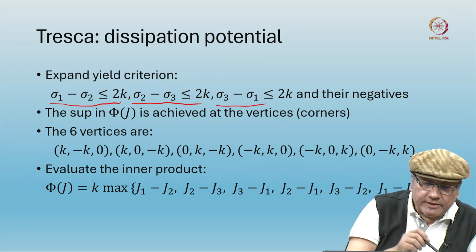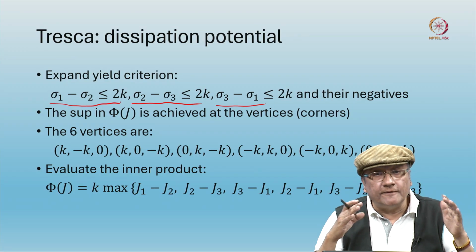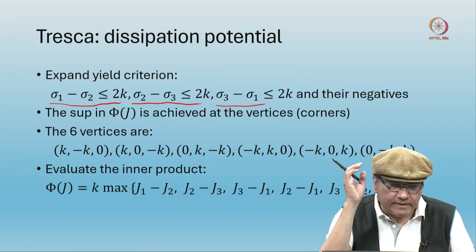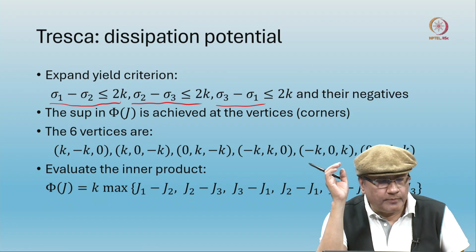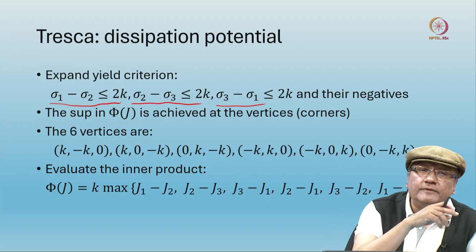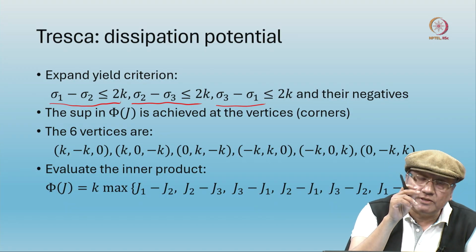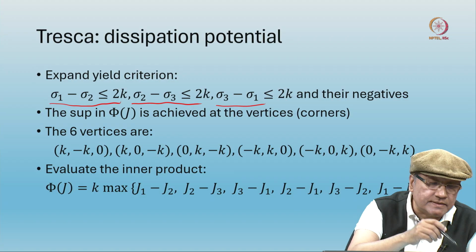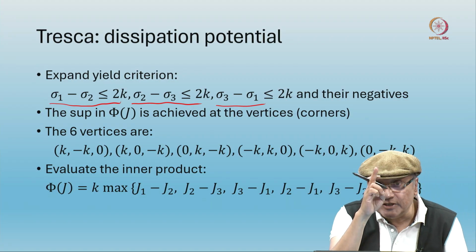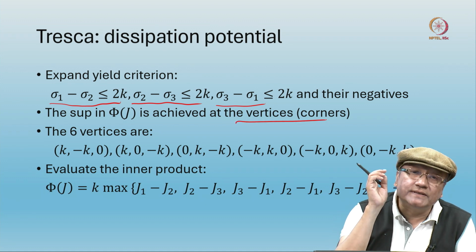These component conditions are like surfaces that meet at ridges and create a polyhedral set. So the supremum of phi of j will be such that the principal stresses must belong to the corners or the ridges. This is a very important thing.